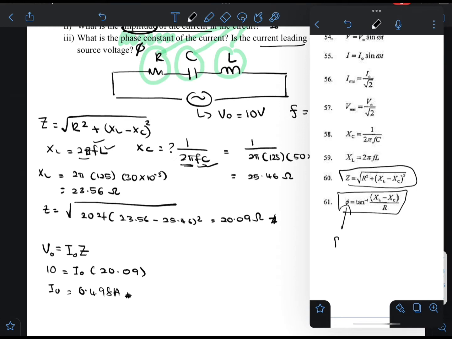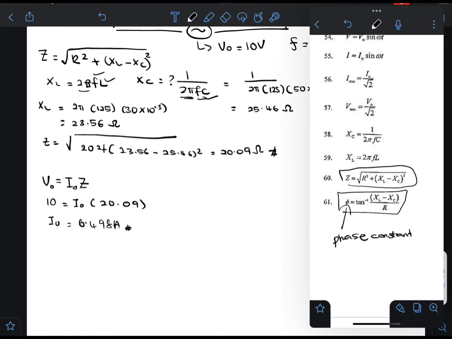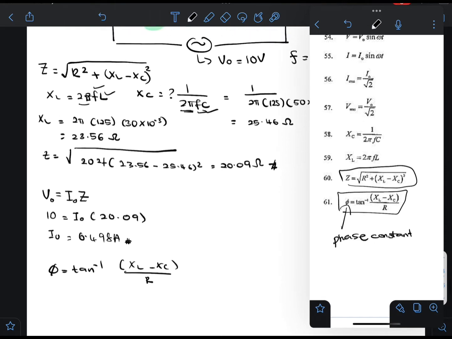Phi, ini yang kita nak cari. This is phase constant here. Equation 61 from the list of formula. Phi adalah phase constant and you're looking for this. According to the formula here, phi sama dengan shift tangent XL minus XC over R here. And nilai XL dah dicari, nilai XC pun dah dicari, nilai R diberi.